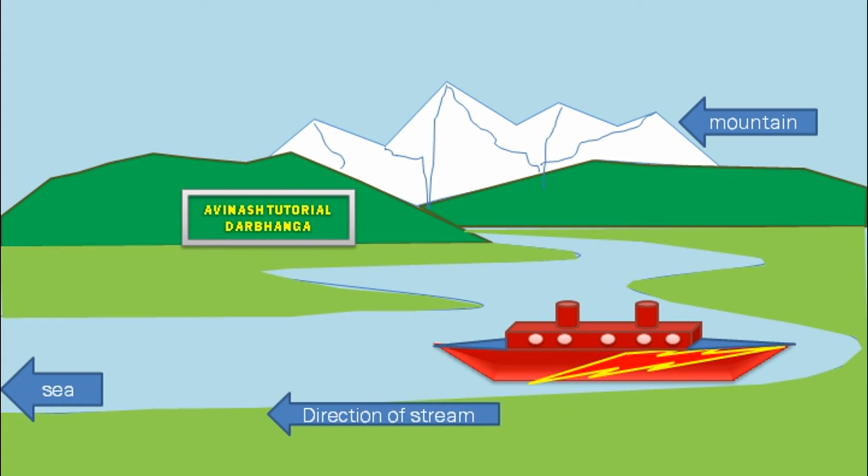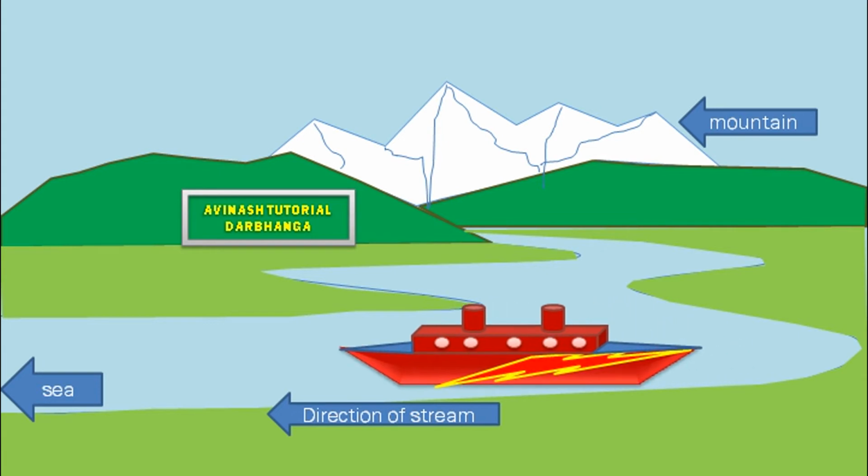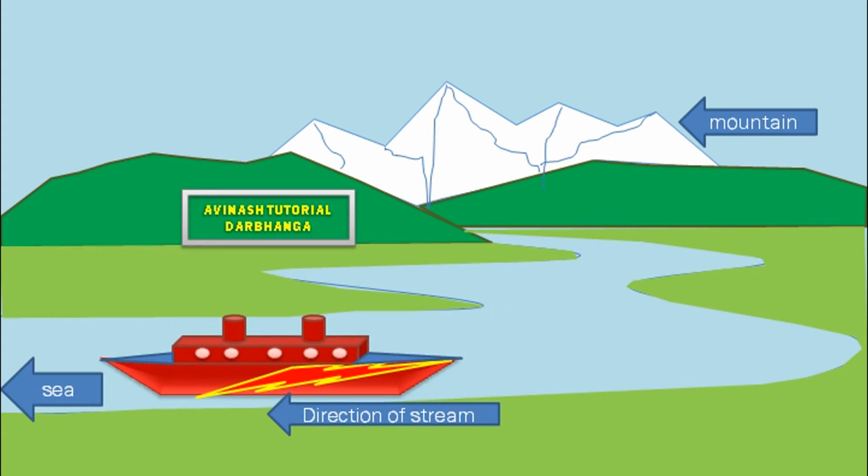Now let us see what happens in downstream. Here you can see the water is flowing from the mountain towards the sea, and I have also shown you the direction of flow of water. Now suppose we go in the direction of water, then it is called downstream. Now what happens to the speed of the steamer in downstream?